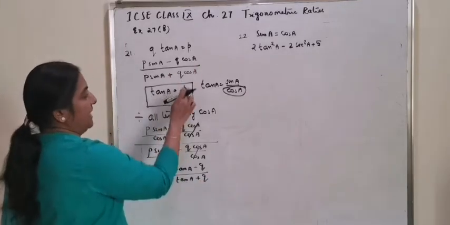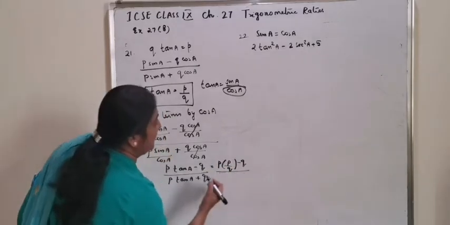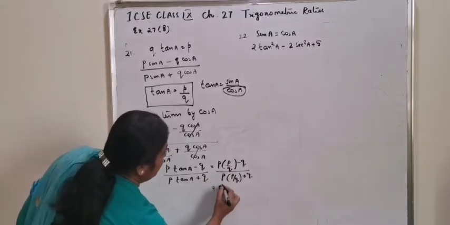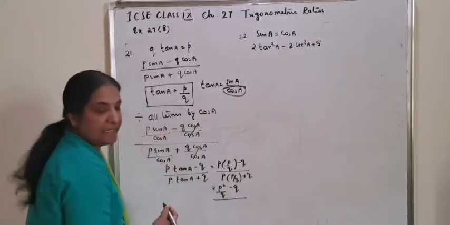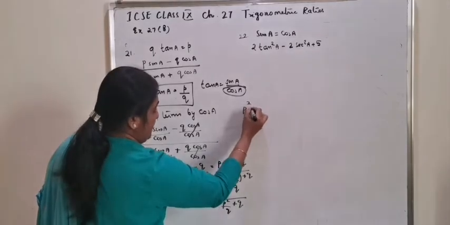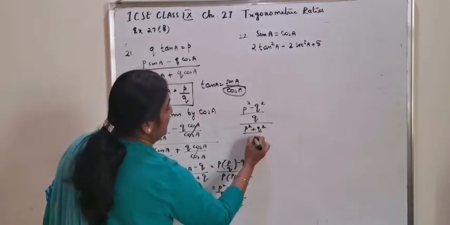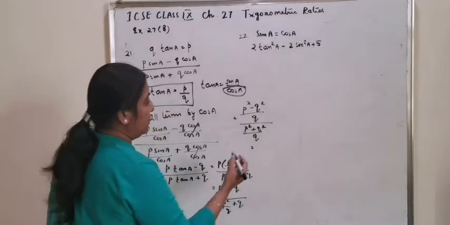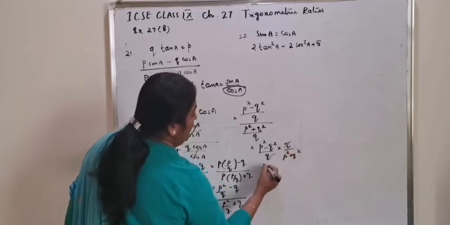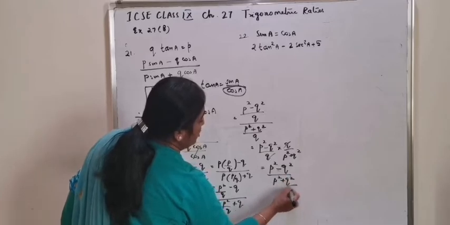Now you can substitute the value of tan A as P by Q. That is P into P by Q minus Q divided by P into P by Q plus Q, which is the same as P square by Q minus Q divided by P square by Q plus Q. By LCM, it is P square minus Q square by Q divided by P square plus Q square by Q, or by the multiplication reciprocal, P square minus Q square by Q into Q by P square plus Q square, or the final answer is P square minus Q square divided by P square plus Q square.